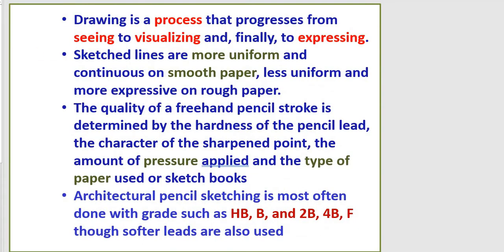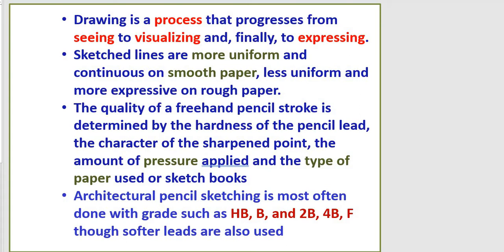When you're drawing, you need to know a few definitions about manual drafting or drawing sketch. Drawing is a process that progresses from seeing to visualizing, and after that to expression.